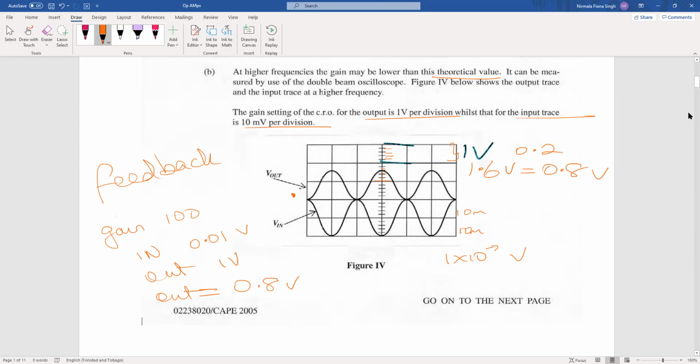A double beam simply says that it gives us both input and output in one reading. But why do you think I am reading 0.8 volts as my output as opposed to 1.6?